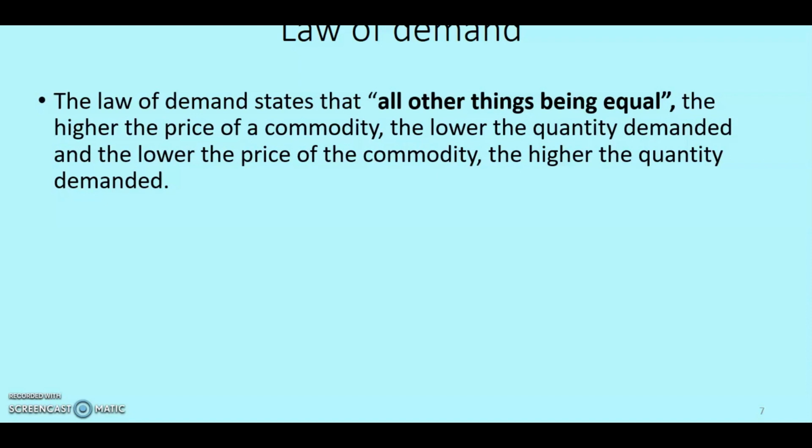So that is the law of demand. Whenever you are asked to state the law of demand, please don't forget this phrase: all other things being equal. If you state the law and you don't bring this phrase, it is not the law of demand. You should always have it in mind.